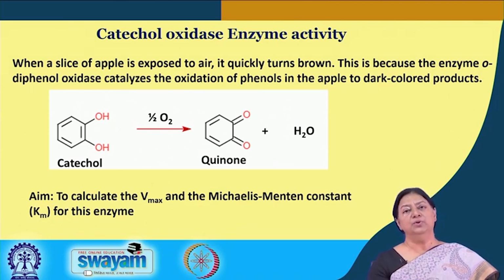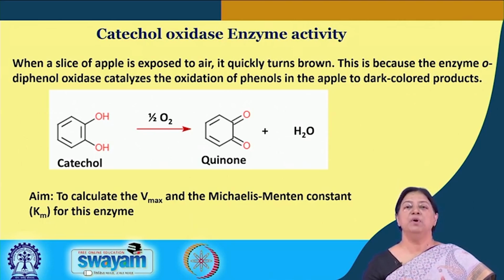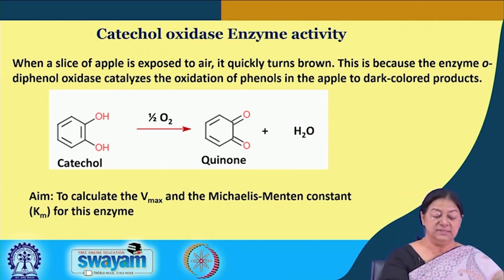And what we can do is take an apple and look at the enzyme present in the apple and the substrate, without going into the details of the structure, but just an understanding of what is happening. If I say that it is a polyphenol oxidase, catechol is a polyphenol. What do we mean by a phenol?